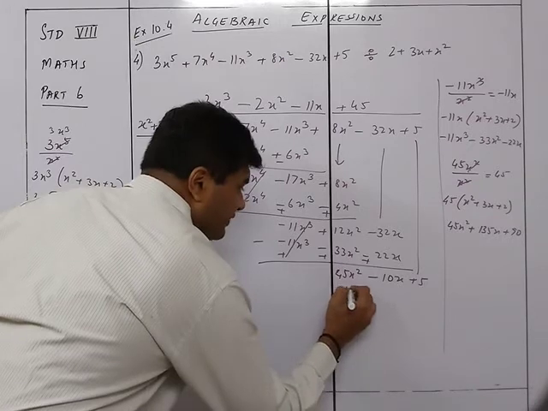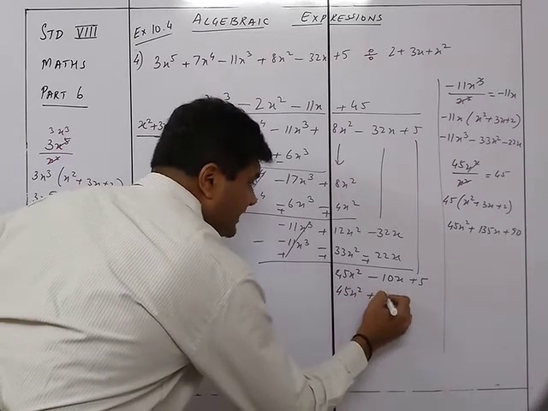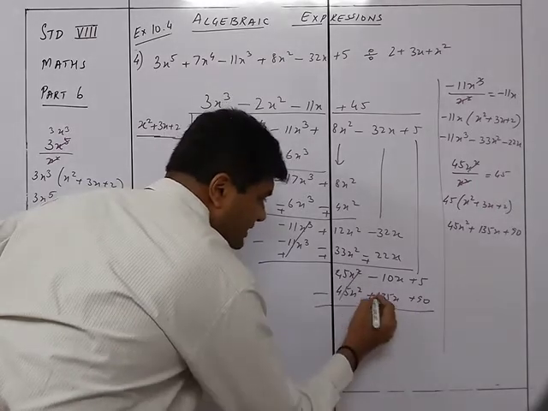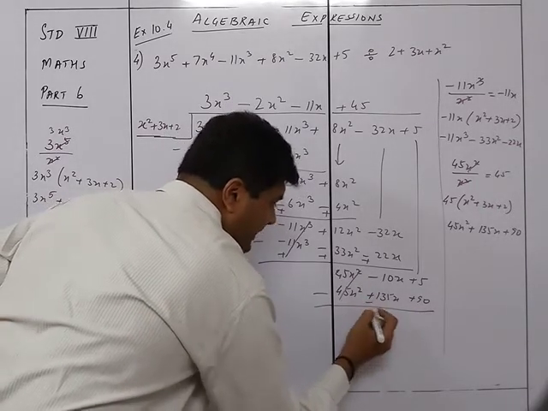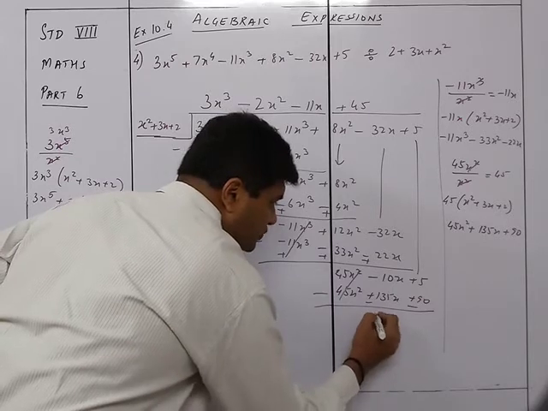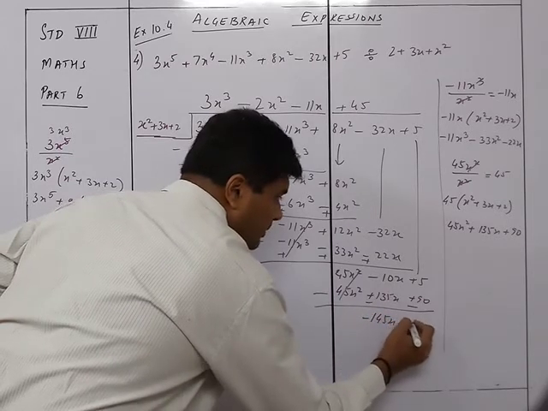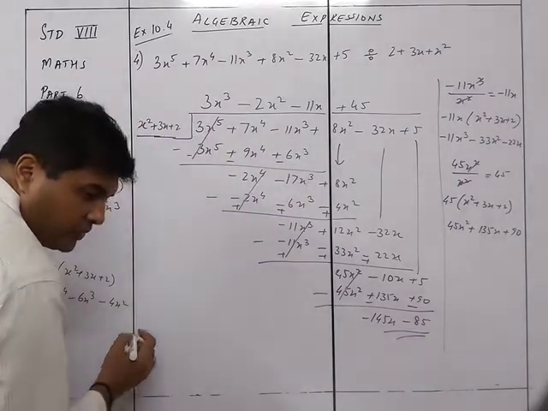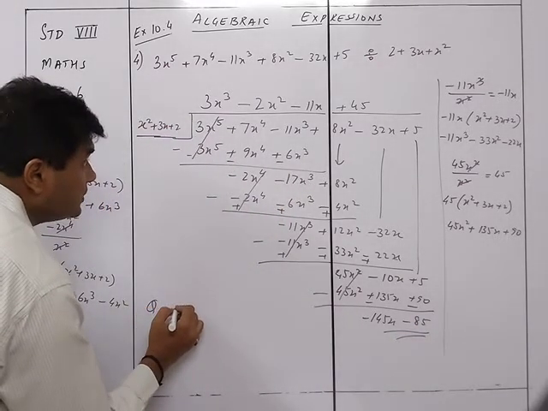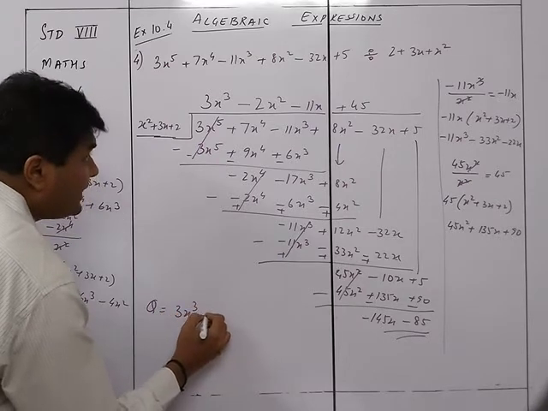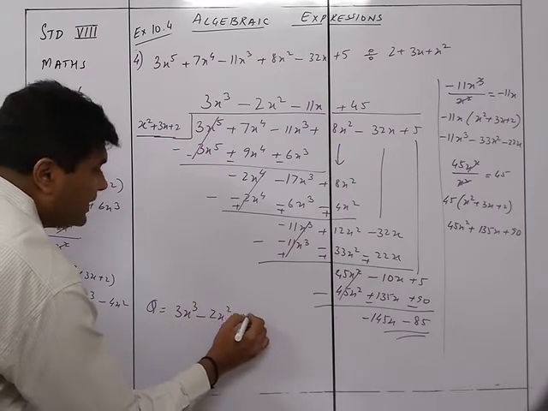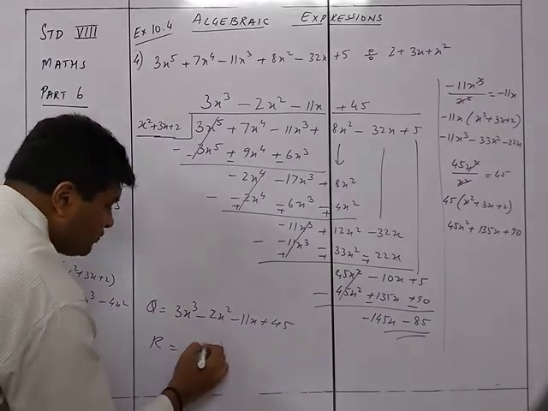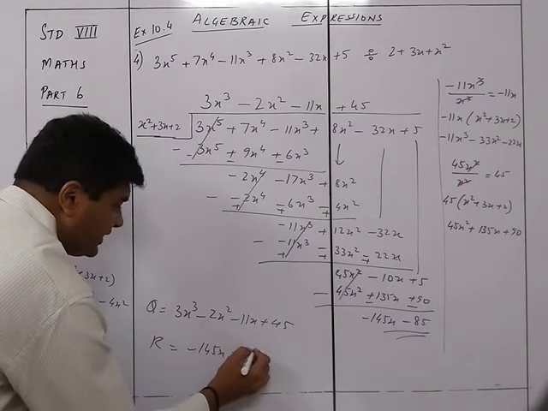You place over here 45x square plus 135x plus 90. You subtract them, you get cancelled. This will become minus over here, minus hoga. So it will be minus 145x minus 85. So the quotient over here is 3x cube minus 2x square minus 11x plus 45. And the remainder is minus 145x minus 85.